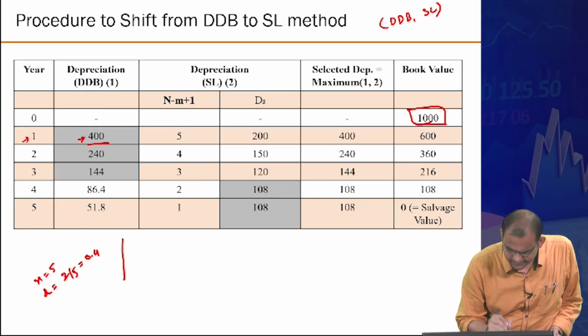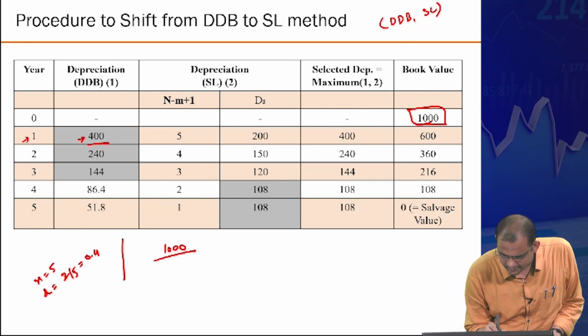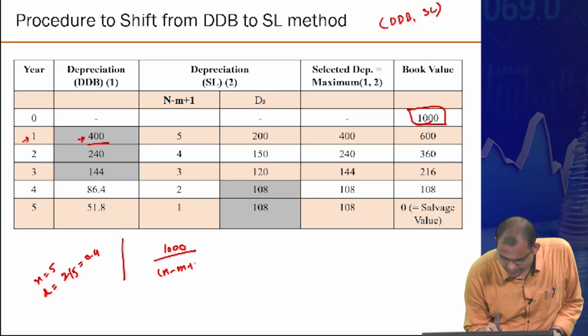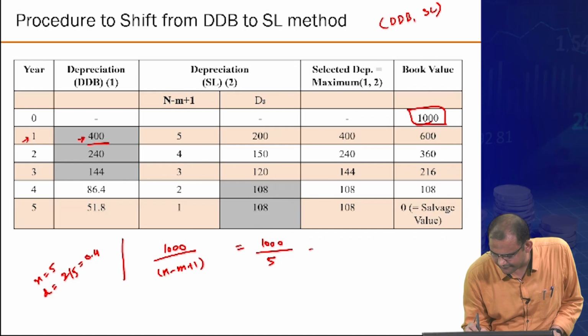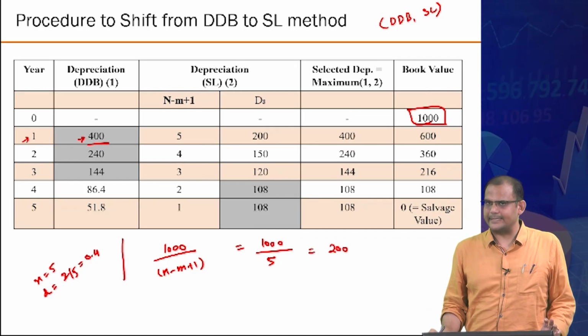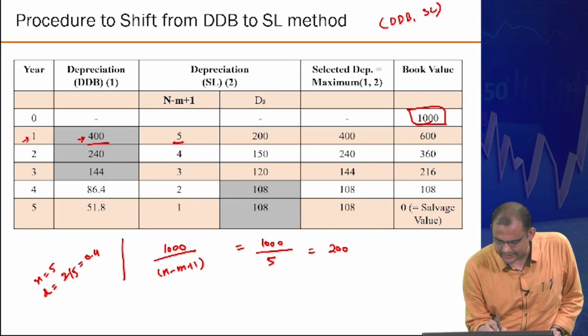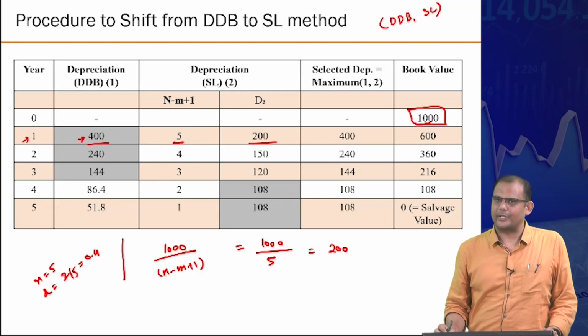At this point, straight line method will be what? 1000 divided by N minus M plus 1, M is 1. So 1000 divided by 5, which is 200. Make sense? So using the straight line method, the depreciation amount is 200.